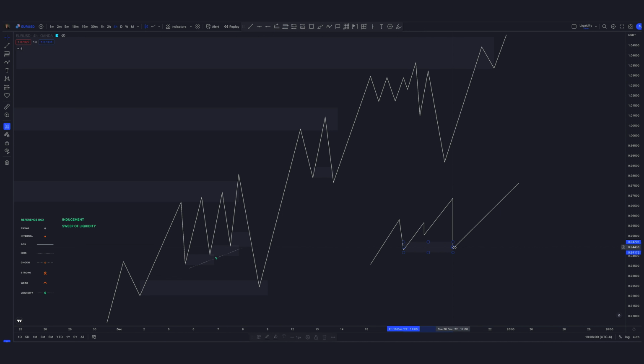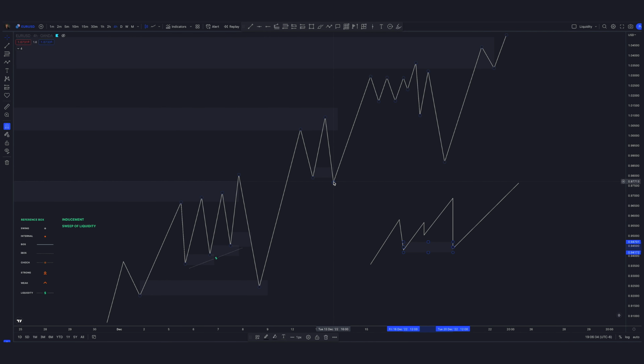Because there was no inducement to this area, for price to come and take the liquidity, it used the low of this move to sweep the liquidity. So in this case, there was no inducement, and there was no sweep of liquidity.